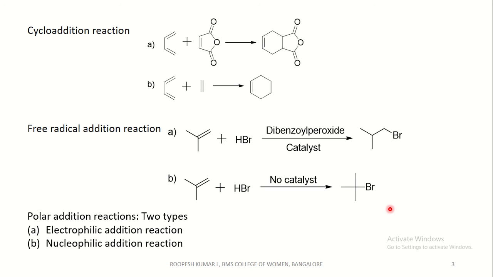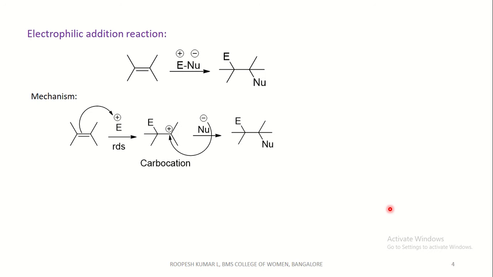The polar addition reactions are classified into two categories, that is electrophilic addition reaction and nucleophilic addition reaction. Coming to electrophilic addition reaction, this is an ene. This ene reacts with a polar molecule to form the corresponding product. Coming to the mechanism, this is tetramethyl ethylene, with methyls at 1, 2, 3, 4.